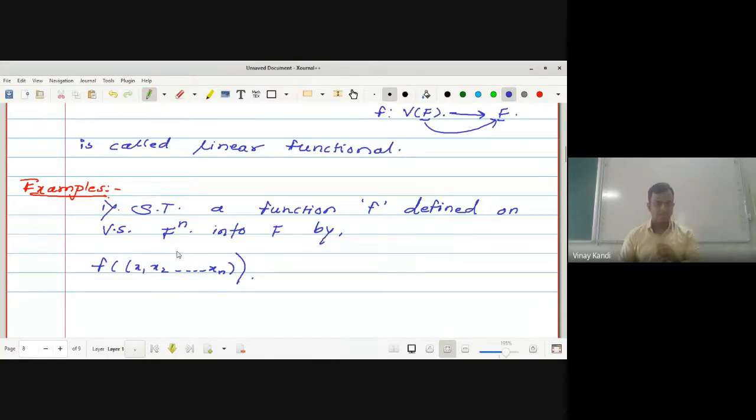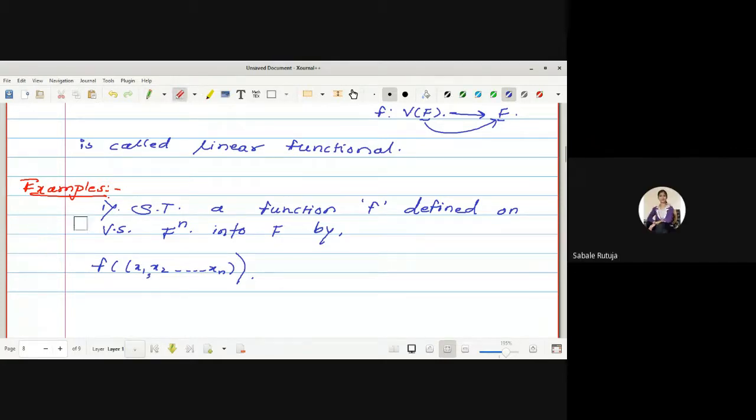What is a vector here? In R2 we use an ordered tuple, in R3 a triplet. So here F^n is F cross F cross F up to n times, so each vector has n coordinates. Any doubt? No, sir.